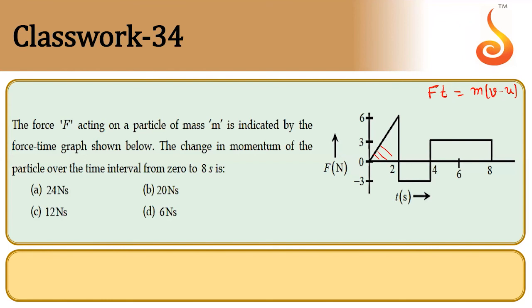So this area, minus this area, plus this area. This is minus because one of the coordinates is negative: x is positive, y is negative.